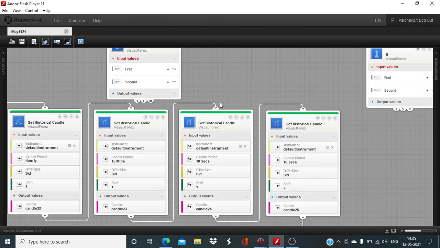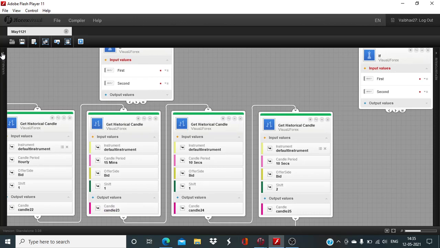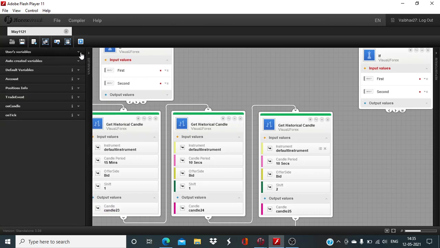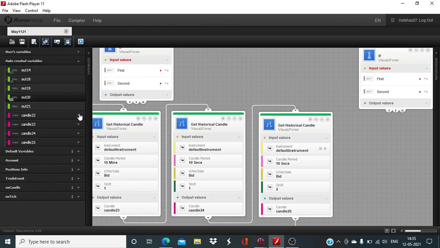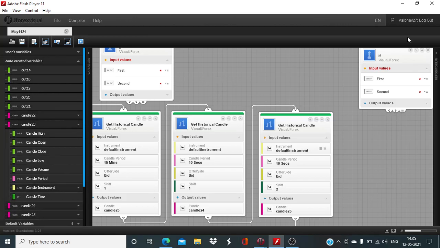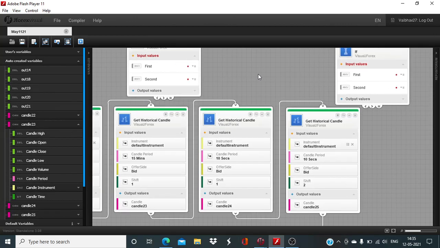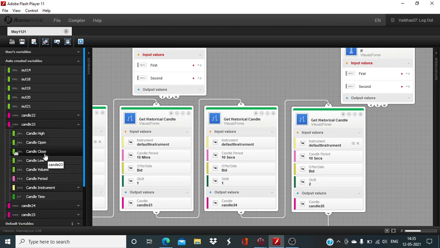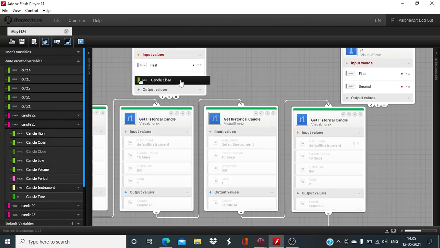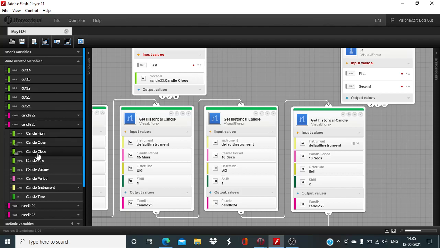So here we are going to need to look at the 23rd closing value, and candle 24 and candle 25 closing.